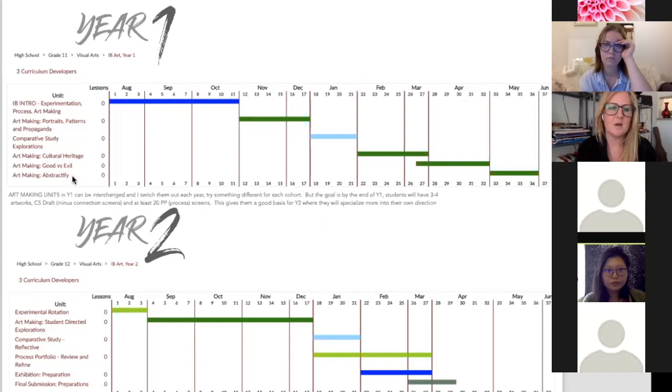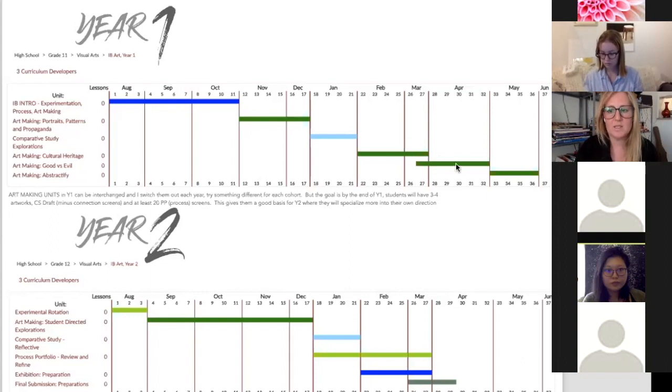Abstractify, to be honest, very rarely happens, because what I also do in this planning is that lesson 1 is heavily teacher-led. I'm leading, showing them examples, giving them a list of artists to look at. Portraits, they choose in unit 2, they start to get their own agency, so they choose their own artist. Cultural heritage, they're leading their whole game, they're choosing what they want to explore.